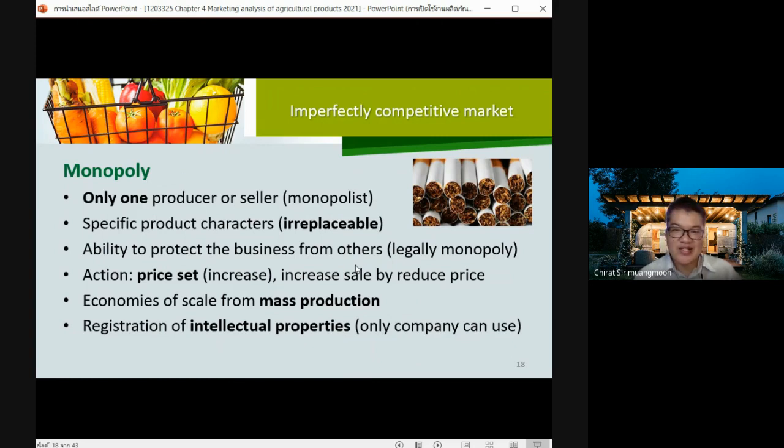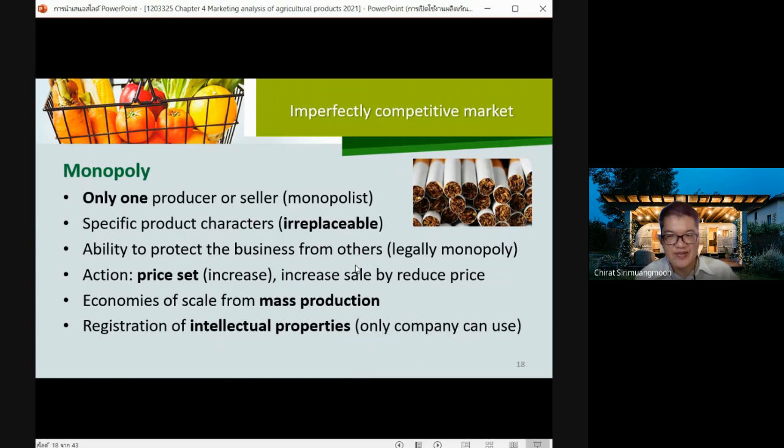If you have only one seller or producer, that means you might have some right or some duty to do it. So in this case, sometimes you might have legal monopoly policies. For example, if you are the business owner, you might be the farm that harvests and provides the raw material, like in these pictures, for cigarettes.